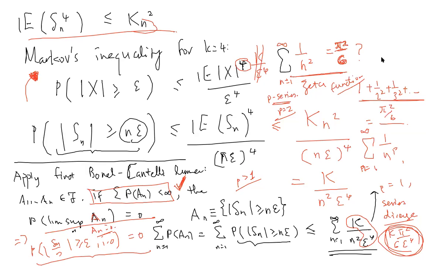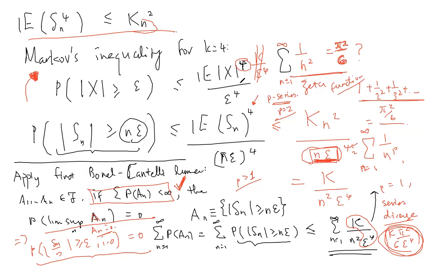If you just use the power of 2, you can't show it, because the denominator would just be n squared, so the bound is too loose already. So it's not suitable. That's why you settle at 4.